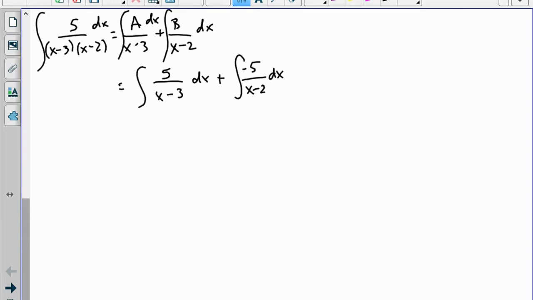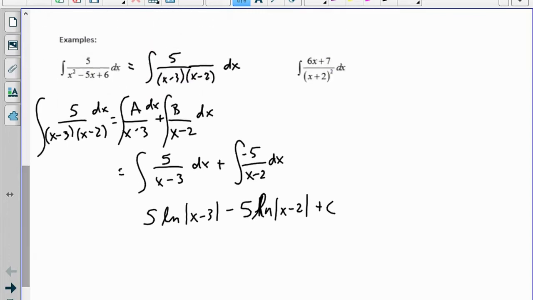And so now I integrate this. So I have 5 times the natural log of x minus 3 minus 5 natural log of x minus 2 plus c. So that is problem 2.